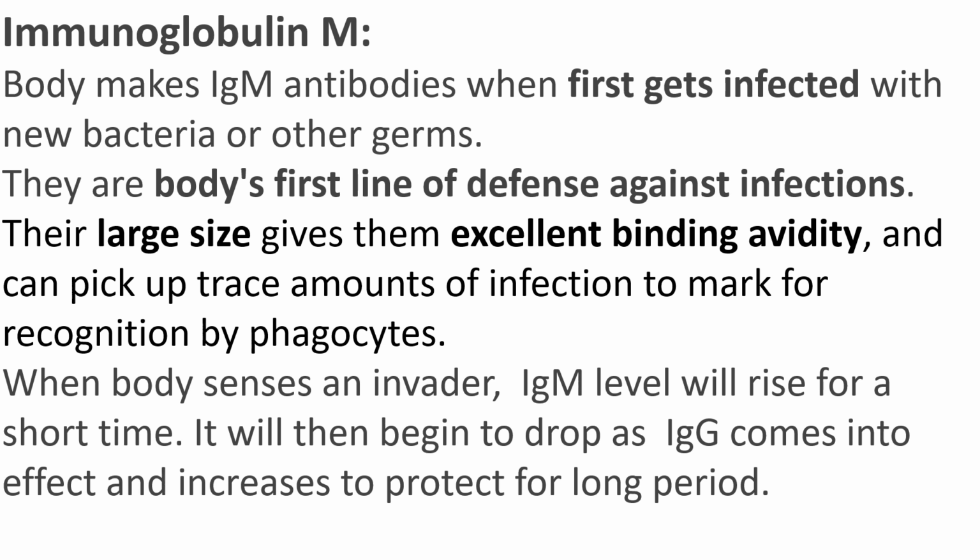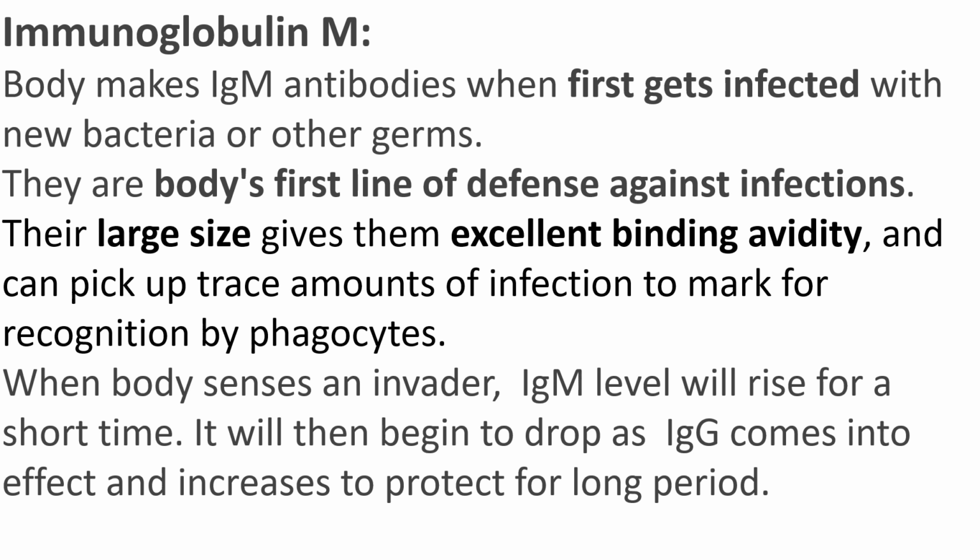Now, if you recall, it has a complex structure. It is a pentamer, and its large size confers excellent binding specificity and avidity, so that it can pick up even a trace amount of the infection, so that this infection can then be phagocytosed, or it can be removed from the body.